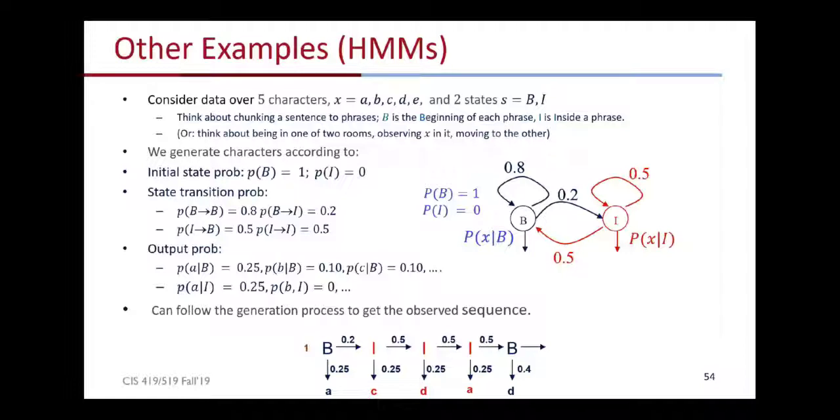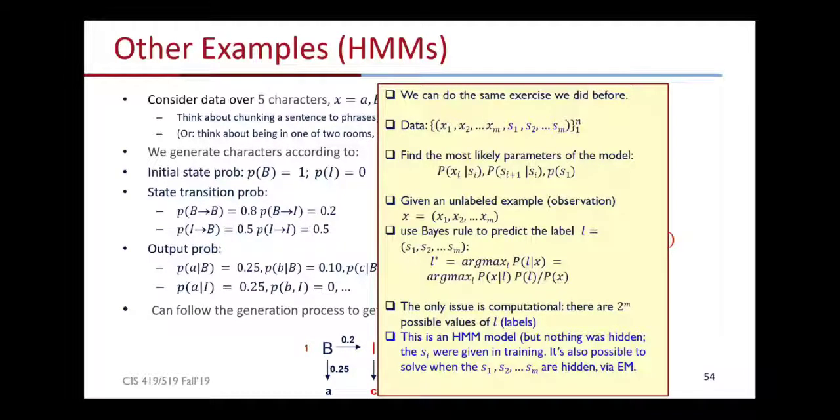You look at all the transitions that you've seen in these sequences, and for example, if it's a binomial distribution, you can just do counting, and you'll estimate the probability, if you are in state B, to transition to state B, if you're in state B, to transition to state I, and so on. So if you observe these complete observations, you can basically estimate all these parameters.